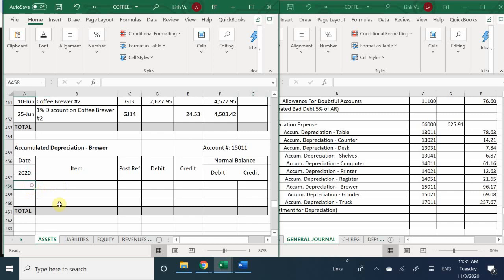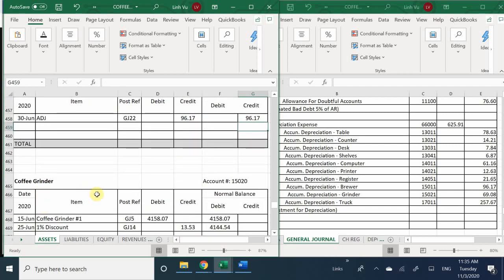So here's my accumulated depreciation. $96.17 is our new balance.